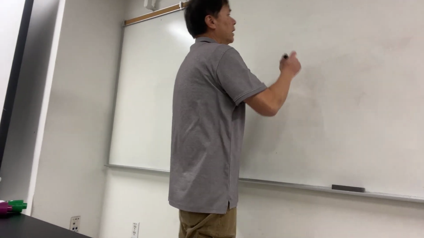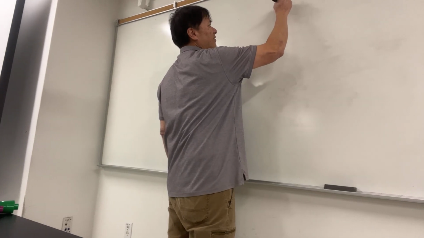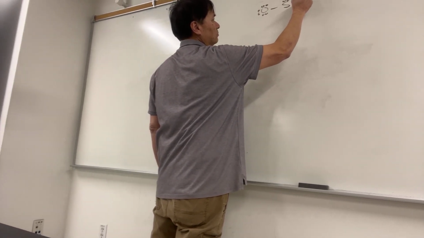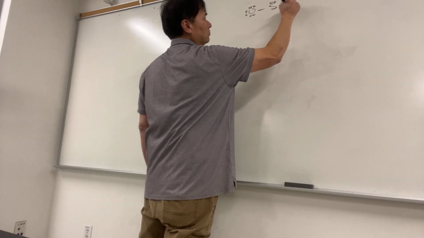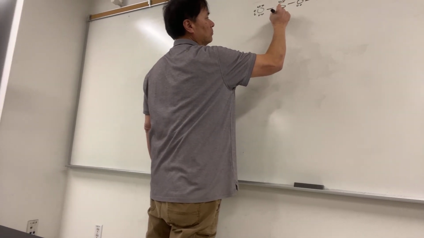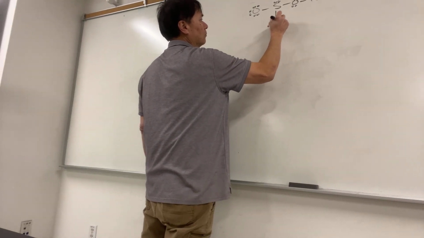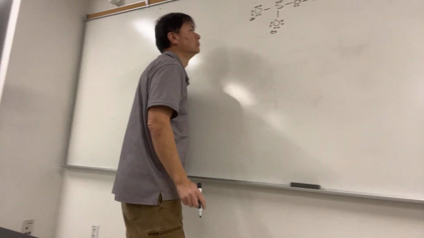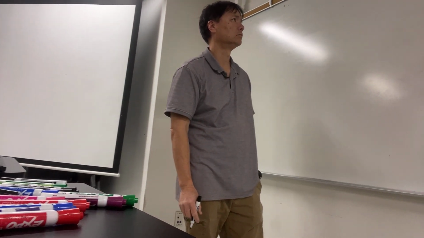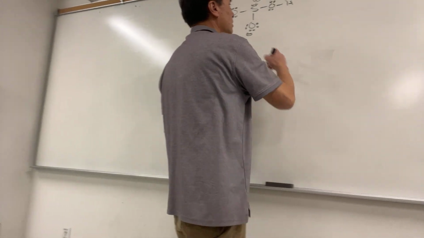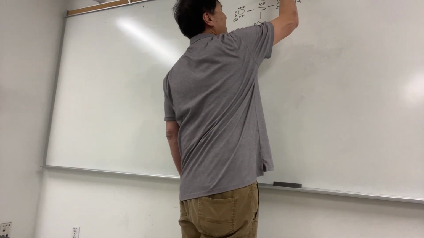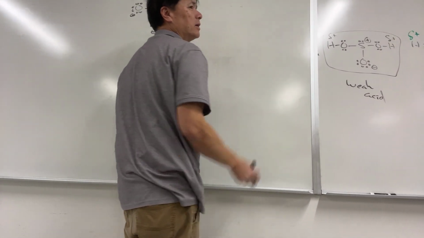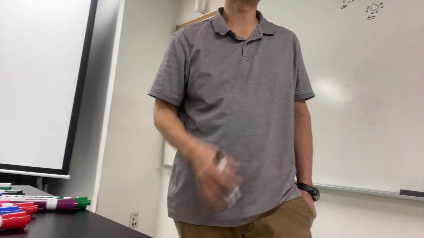All right, so if we lose the proton, then we end up with this structure. This is with the octet. This is with the expanded octet. This is where you're going to need it, because in organic chemistry, they're going to do it like this.